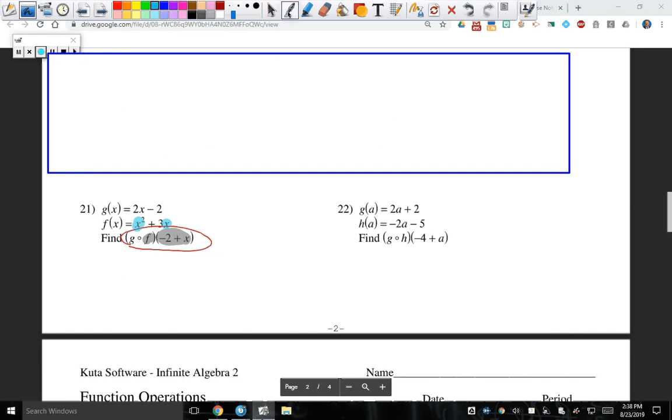So I would draw the bare bones as something squared plus 3 times something. And what I'm going to plug in is the negative 2 plus x, negative 2 plus x. That's what we're doing on the first step. Okay? So now, you need to understand, it's this squared.